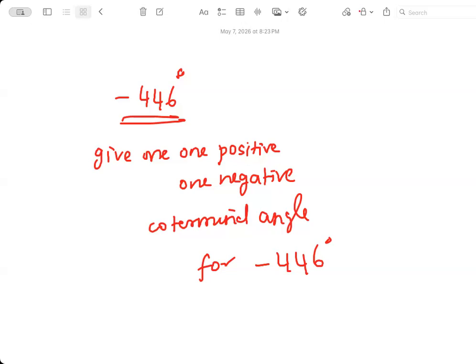Minus 446 now. Is it in quadrant 2? I doubt, ma. Yeah, Krishna, that seems right. But in which quadrant is it present? 86.